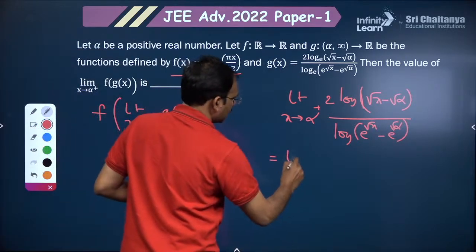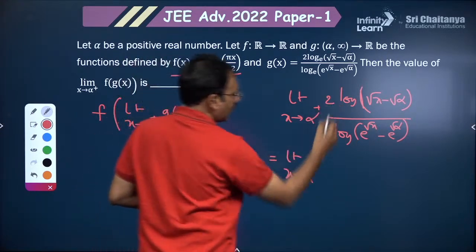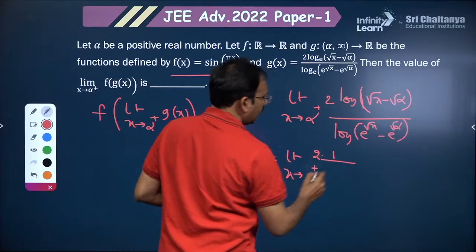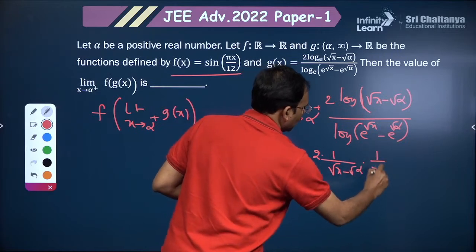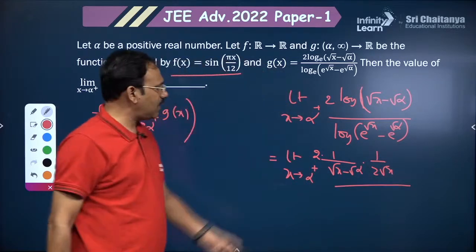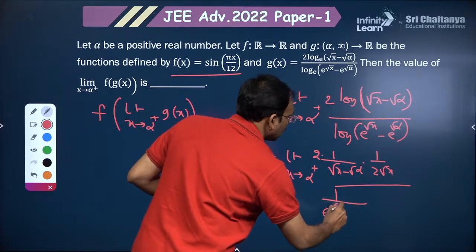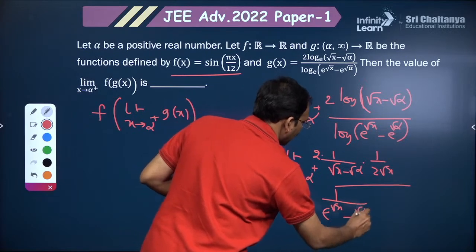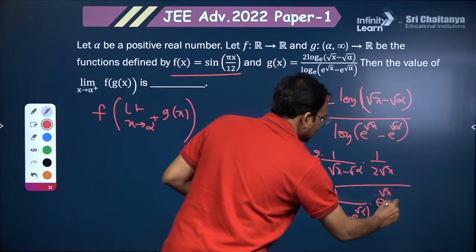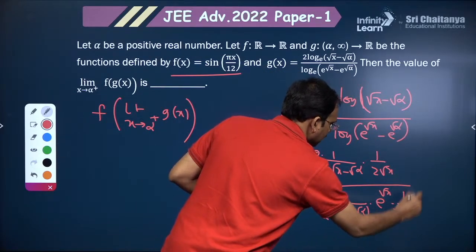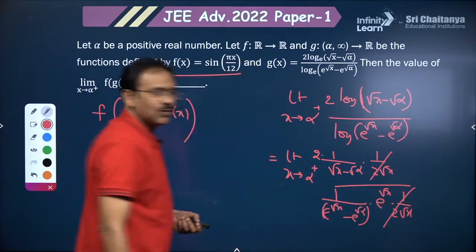So by L'Hospital's rule, as x extends to alpha plus, this is going to be, dear friends, log x derivative 2 will be there, log x derivative 1 by x into root x derivative 1 by 2 root x, divided by, here also by L'Hospital's rule, 1 by e power root x minus e power root alpha into e power root x derivative e power root x into root x derivative 1 by 2 root x. These two parts get cancelled, and as x extends to alpha, this becomes e power root alpha.